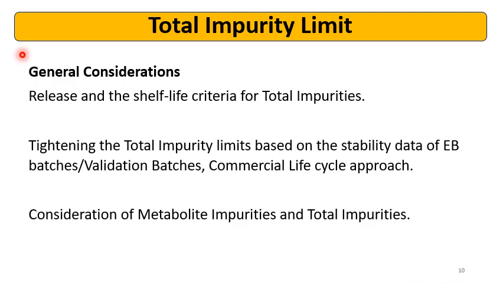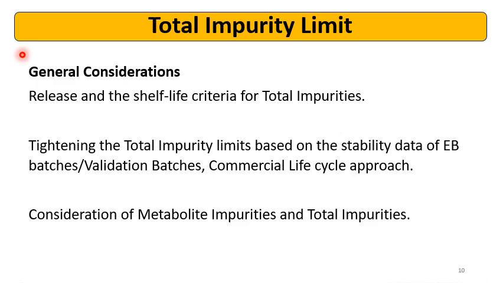Then tightening the total impurity limits is based on the stability data of EB batches, validation batches, commercial validation batches, or based on the real-time data or significant body of data after the commercial launch of the product. So that involves the commercial life cycle. That approach can be used, and based on that approach, total impurity limits can be tightened or relaxed.